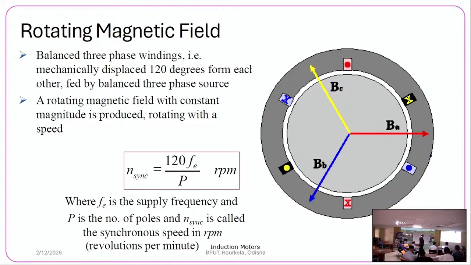Then the main thing here is the rotating magnetic field. What is the rotating magnetic field? Let us have a comparison with the DC machine. In a DC machine, we don't have a rotating magnetic field.